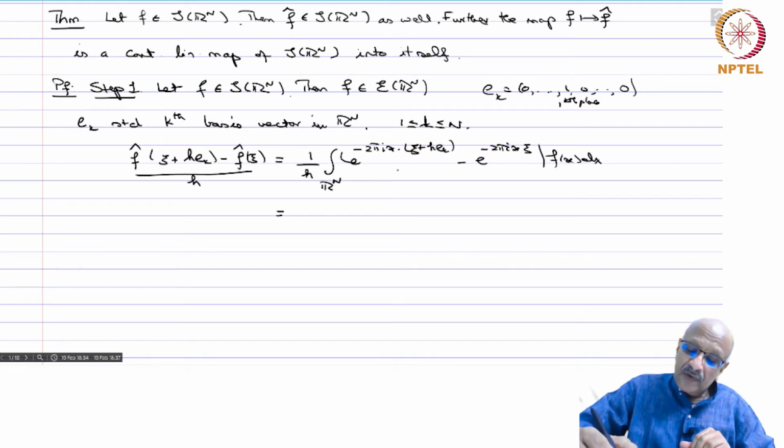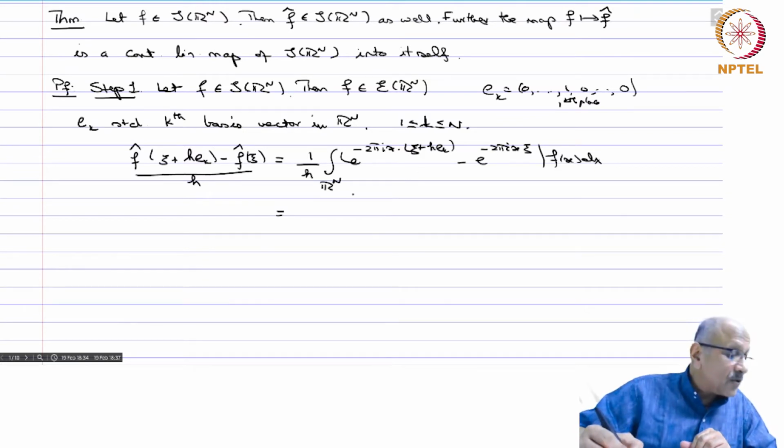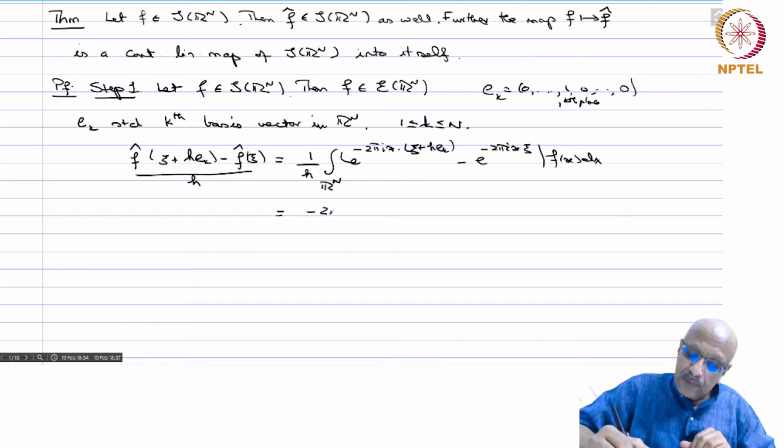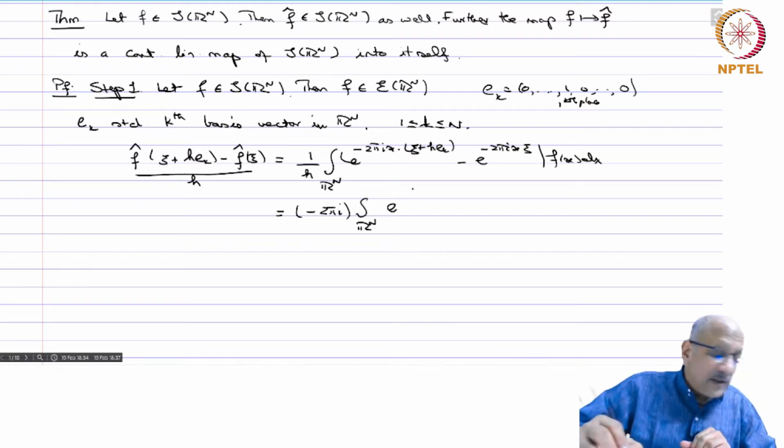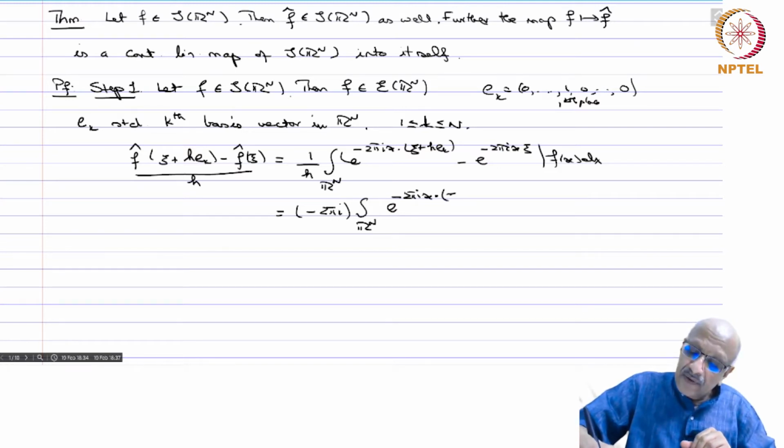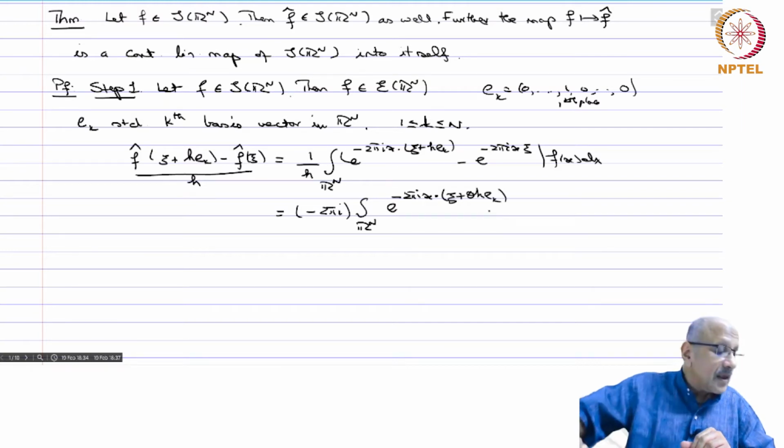This can be taken as the derivative at some intermediary point. So what is the derivative? That is minus 2 pi i times integral over Rn of e power minus 2 pi i x dot (xi plus theta h ek) times xk f of x dx.